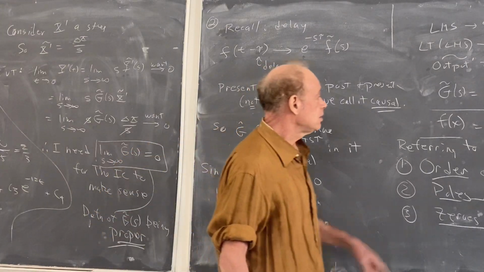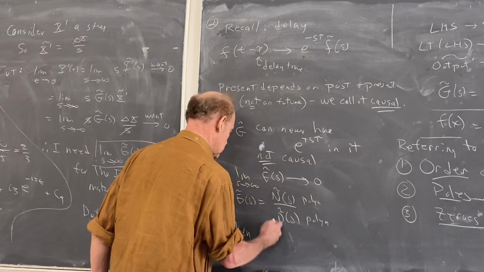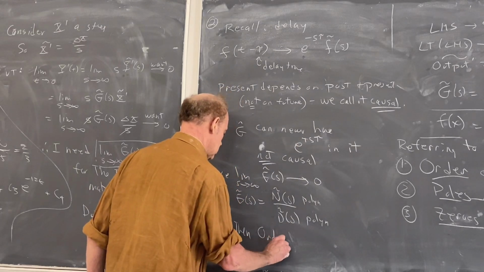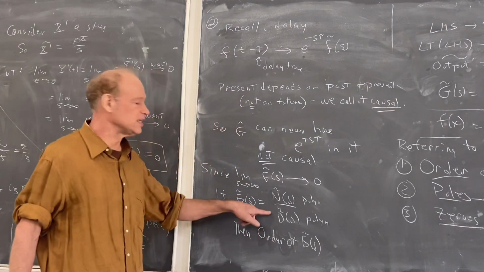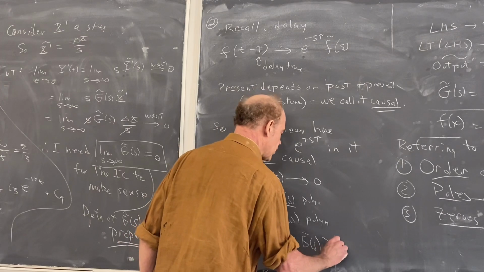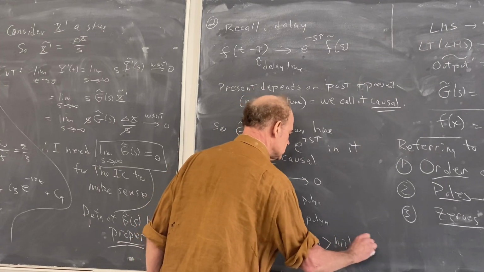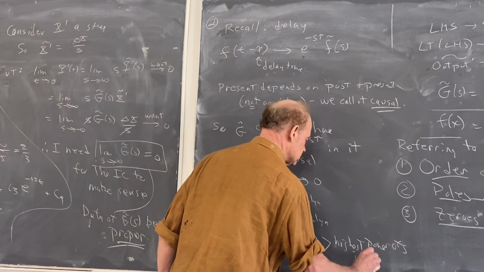And actually, that's the order. Because the order of g tilde of s is the highest power in the denominator, it has to be strictly bigger than the highest power of s in the numerator.